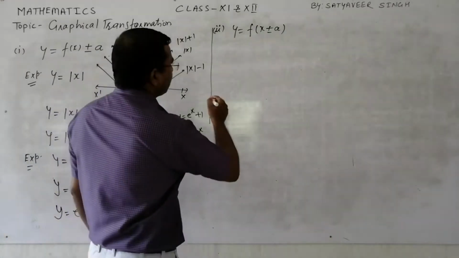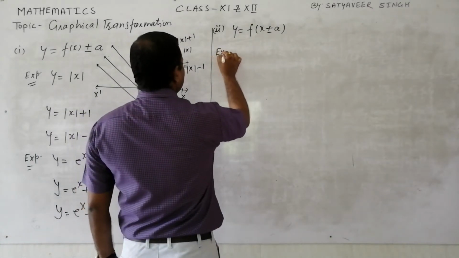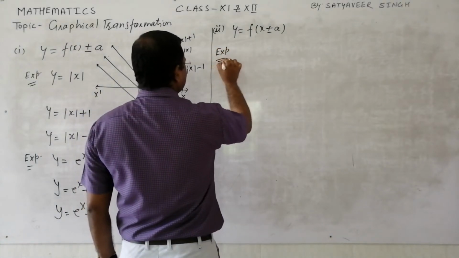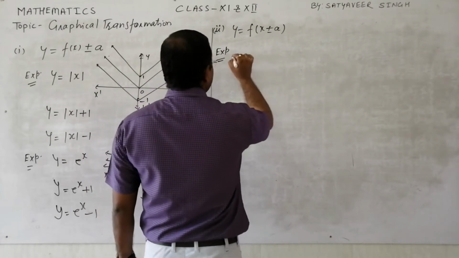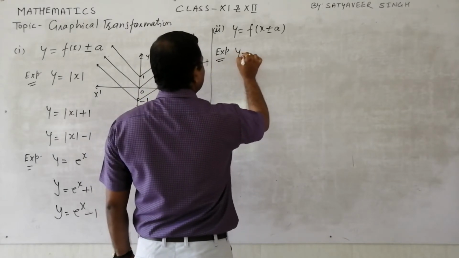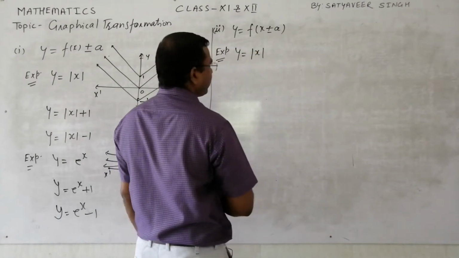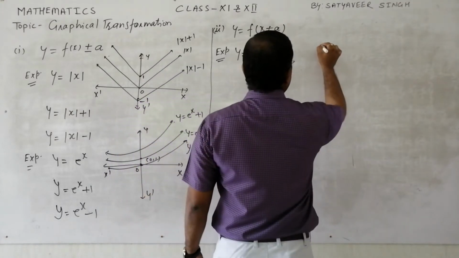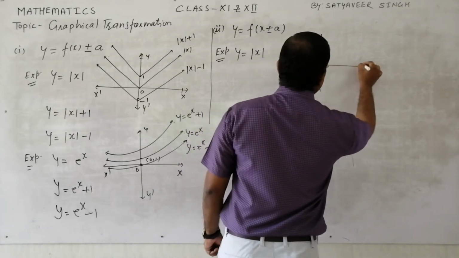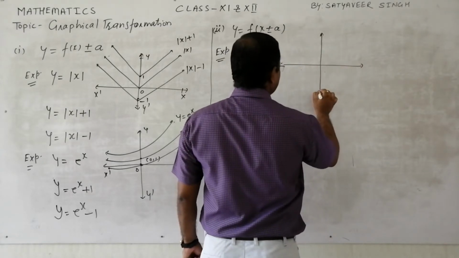Here also I'll take the help of an example to explain this. Suppose I take again a simple function, y is equal to modulus x. You can see the transformation of modulus x here.